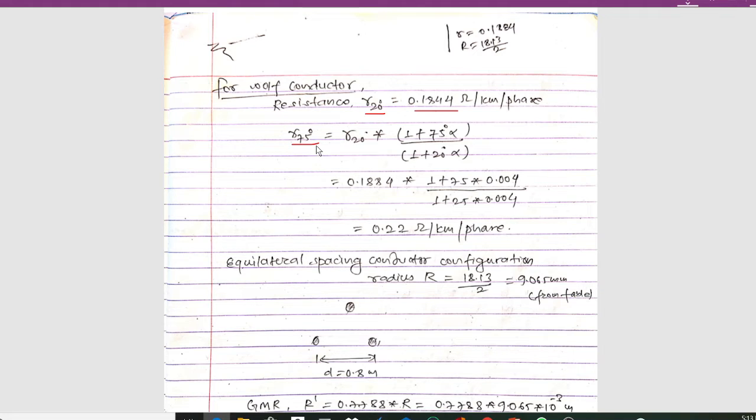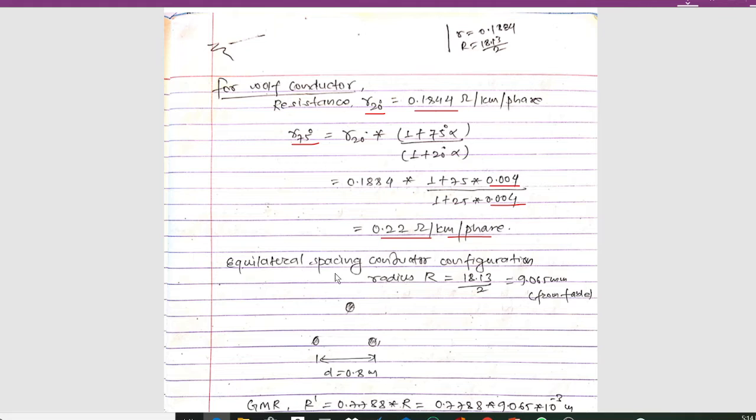R75 is calculated as R20 times (1 plus 75 alpha) upon (1 plus 20 alpha), where the value of alpha is 0.004. Once we calculate R75, we get 0.22 ohm per kilometer per phase. As the value of R20 is in ohm per kilometer per phase, the value of R75 will also be in ohm per kilometer per phase.